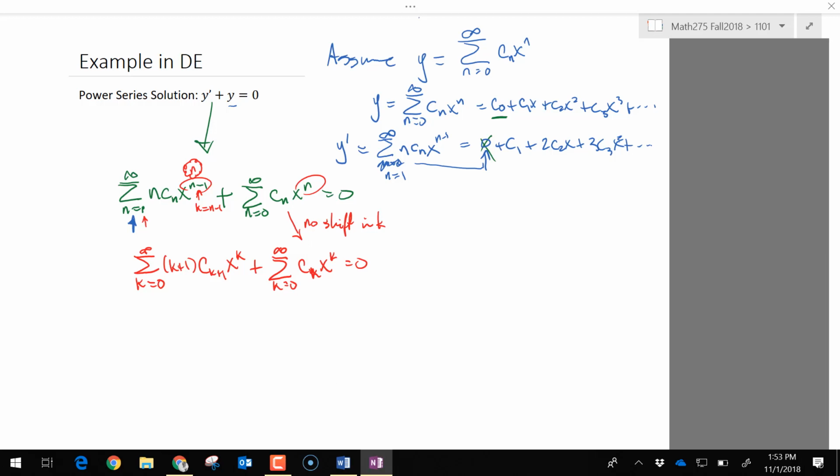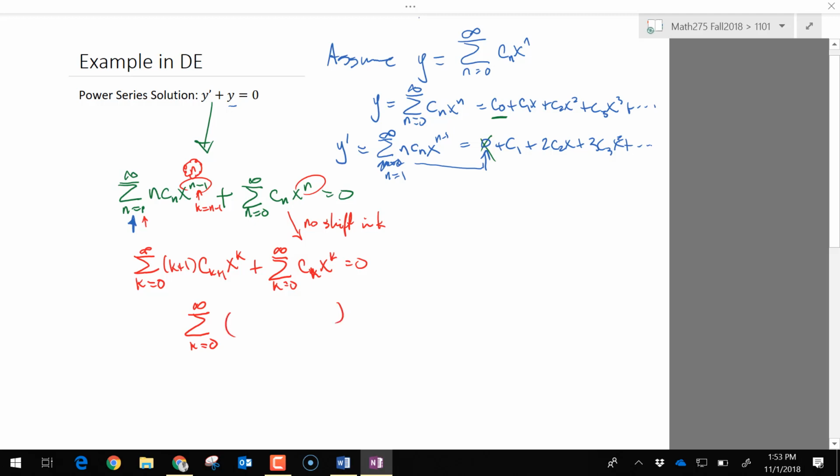So now I have the same index and same power, so I can combine them, right? k goes from 0 to infinity.